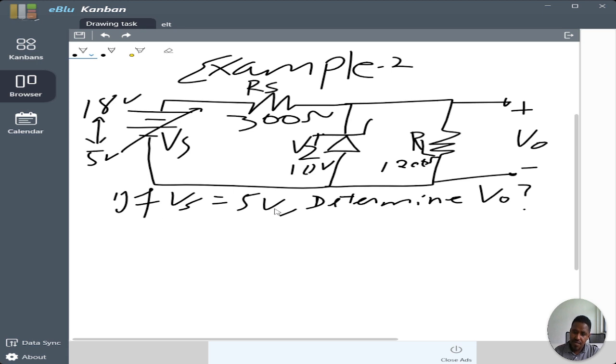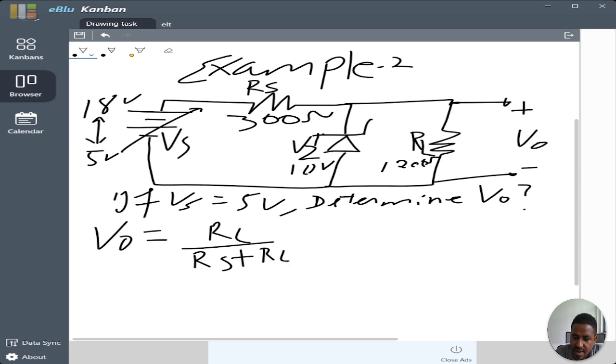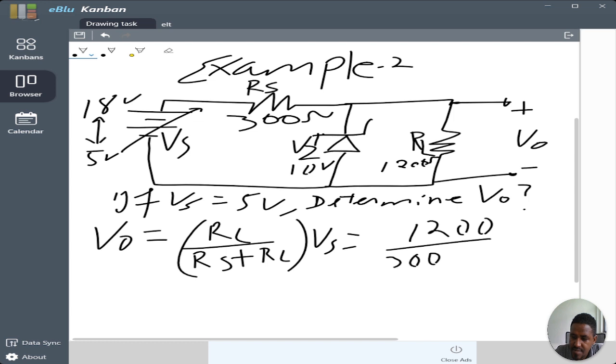If Vs is equal to 5 volt, determine V out. Now V out becomes, that is a voltage divider, RL over Rs plus RL times Vs. So our RL 1200 over 300 plus 1200, multiplied by our Vs of 5.